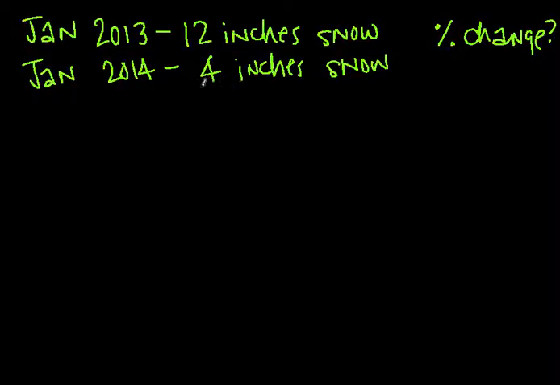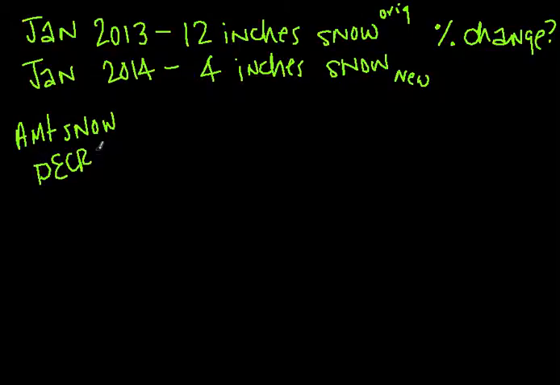So we see that last year we got more snow. That's the original amount. This is the new amount. Last year we got more snow than we got this year. So from last year to this year, the amount of snow is decreasing. So that's where we're going to use this little note for our let statement later.